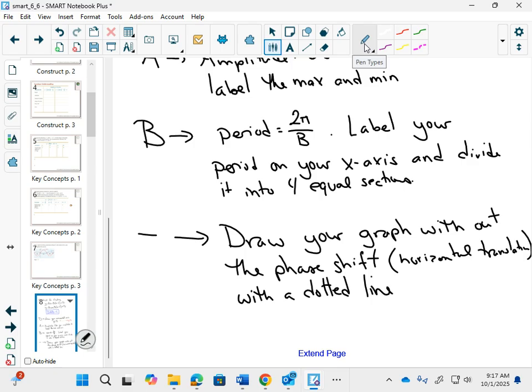So that dash is supposed to be like a dotted line part of it. Draw your graph without the phase shift. And your C value is your phase shift. So add your translation or your phase shift.